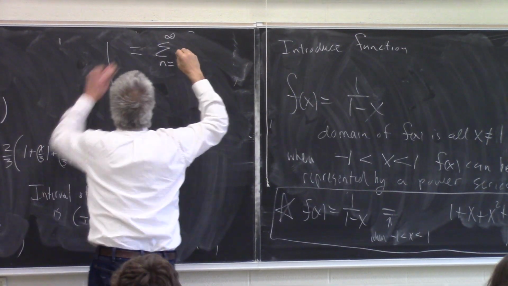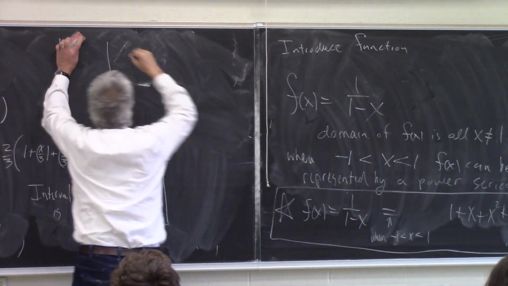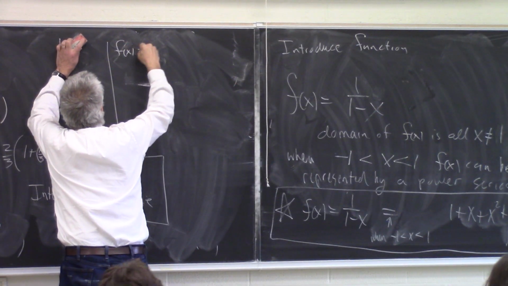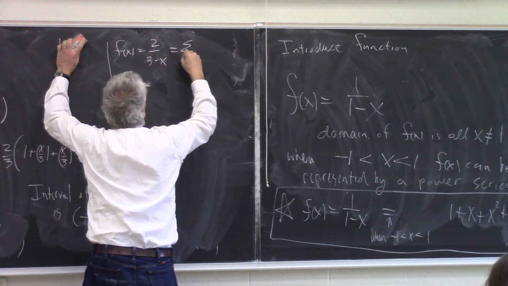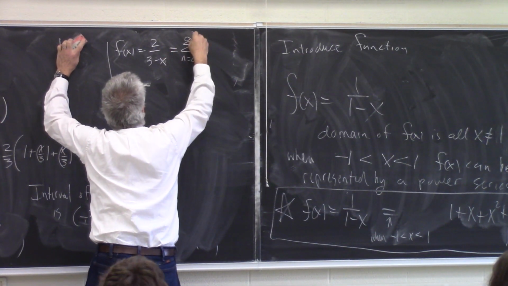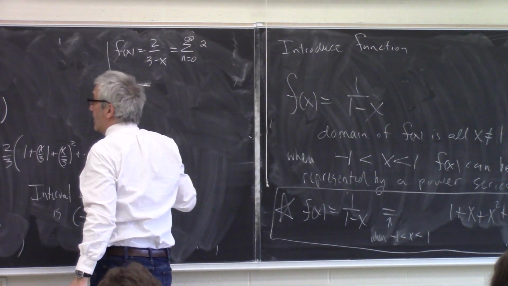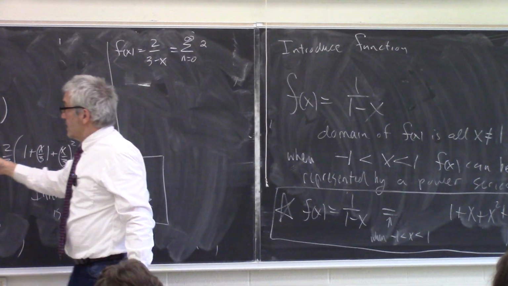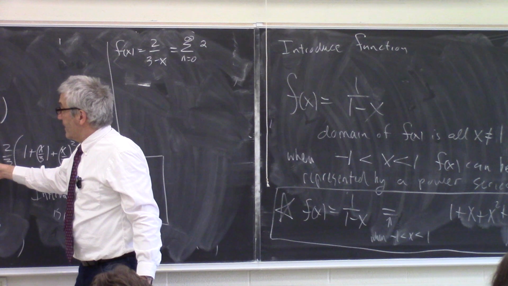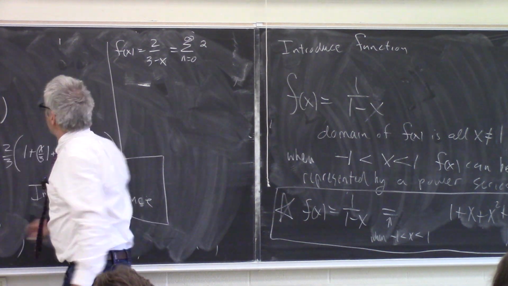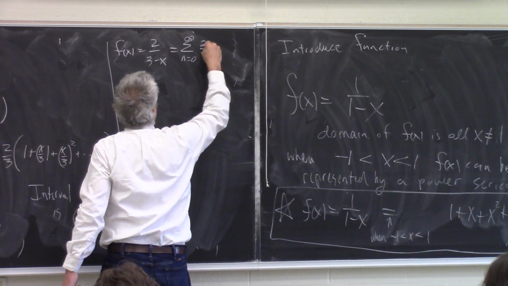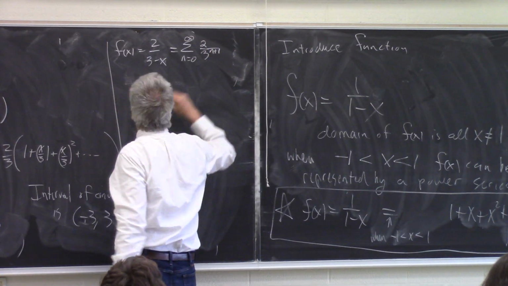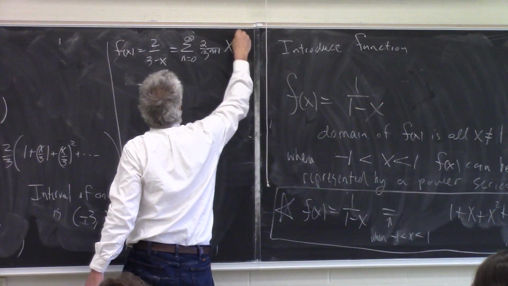So f of x equals 2 over 3 minus x, and that's equal to the sum as n goes from 0 to infinity. Bring the 2 inside. I'm going to separate the 3. It's going to be 3 to the n on the bottom, but there's another 3. So this is going to be 3 to the n plus 1. So there's my coefficients, and then my powers are going to be x to the n.